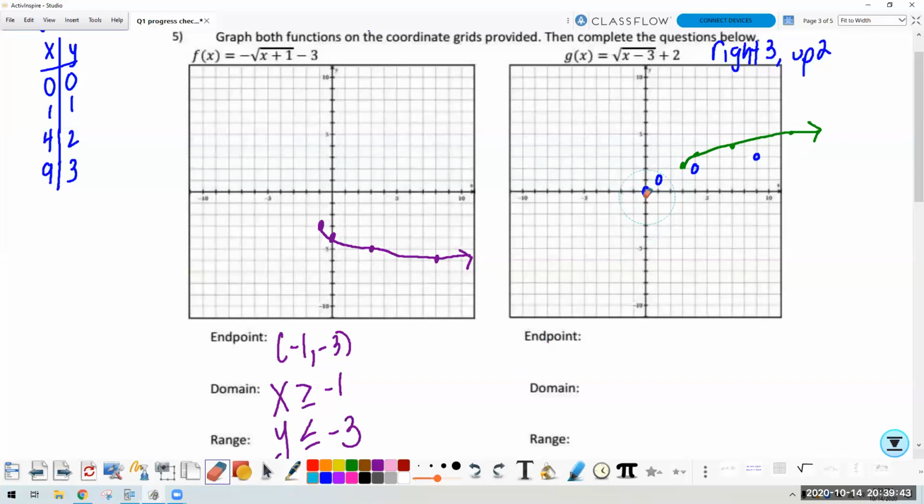I did a better job graphing that one. It's not as squiggly. Okay, so the endpoint is now at 3, 2. All my x's are greater than or equal to 3, and all the y's are greater than or equal to 2.